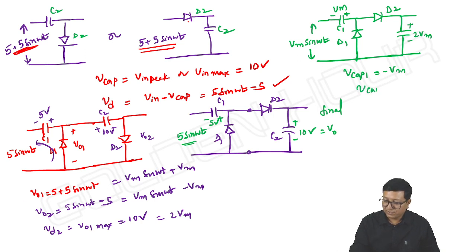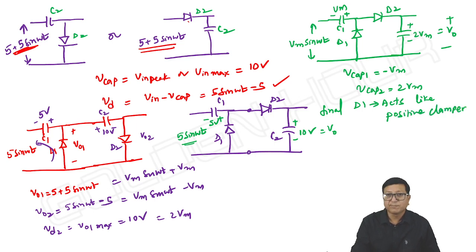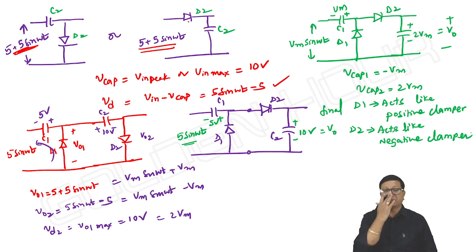And V capacitor 2 is equal to 2 Vm, which is our overall output, and D1 acts like positive clamper, and D2 behaves like negative clamper. These are the observations. Very, very simple thing.